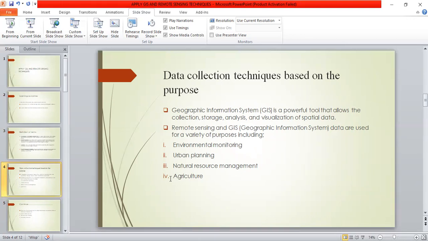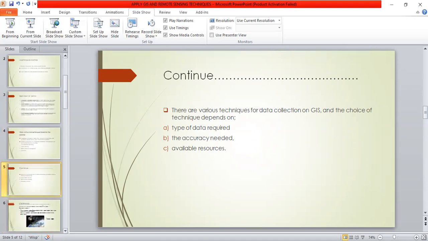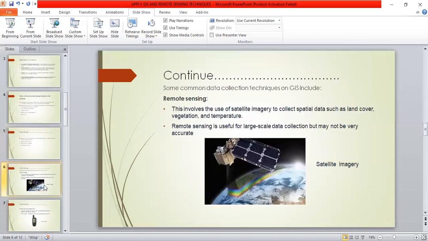Njeru? Also resources that are available. Then we have the accuracy that is needed. These are the things that we consider before we collect our data. Right, so let's go directly to the data collection techniques.